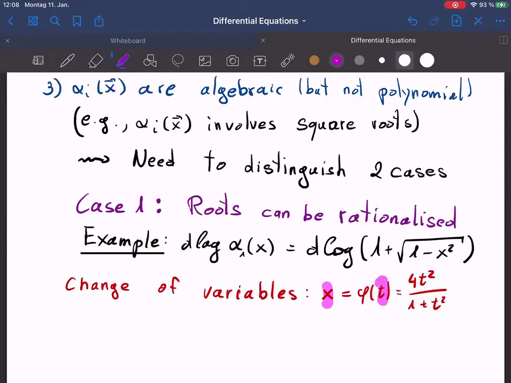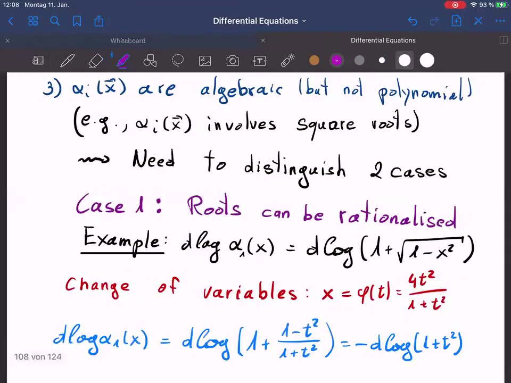And I just give you here a change of variable, such that if I write alpha_1 in terms of that variable t, the square root becomes a perfect square. Well, the argument of the square root becomes a perfect square.